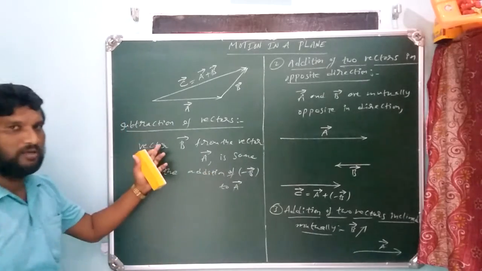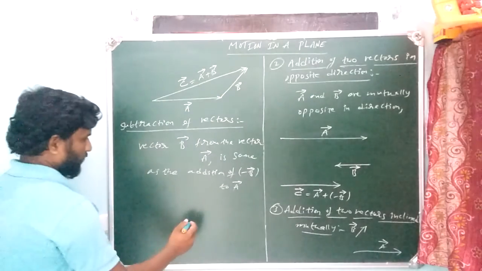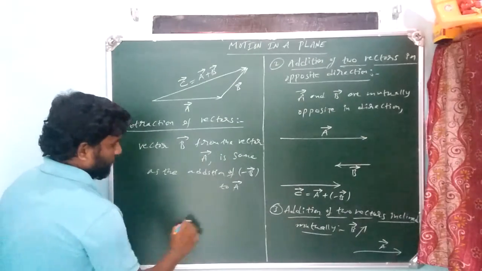Okay, the subtraction of vector b bar from the vector a bar is the same as the addition of minus b bar to a bar.